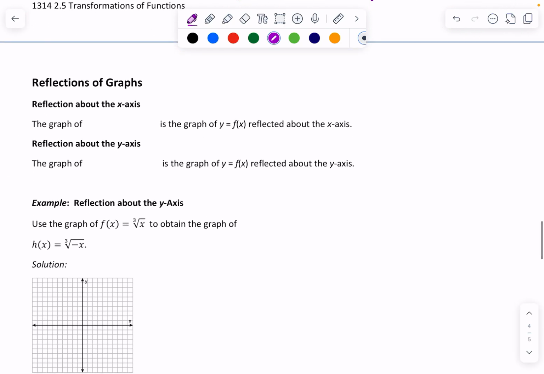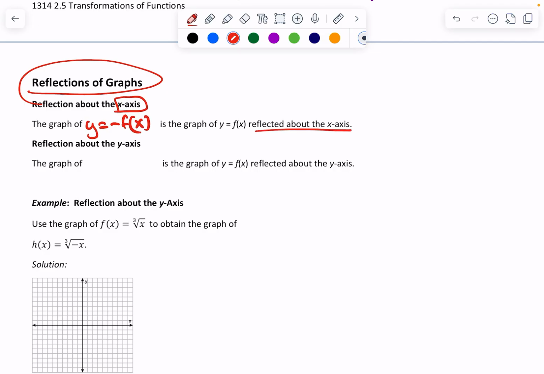Next, we're going to look at reflections of graphs. So reflections about the x-axis. The graph of y equals negative f of x is the graph of y equals f of x reflected about the x-axis. So f of x equals square root of x.